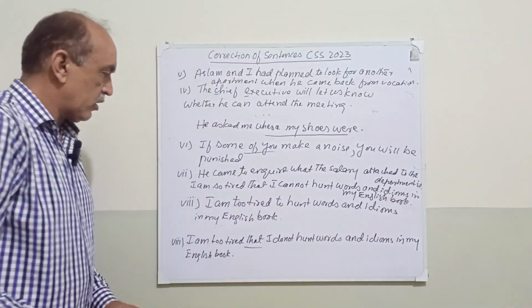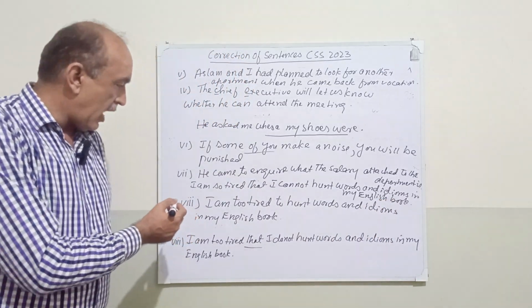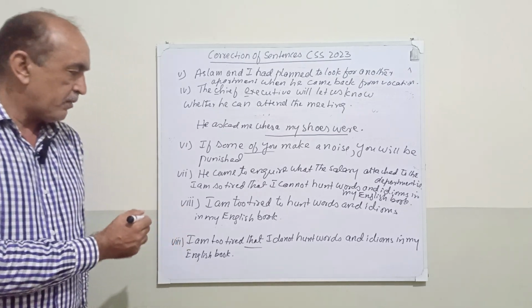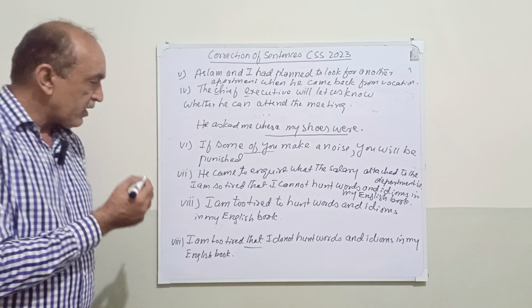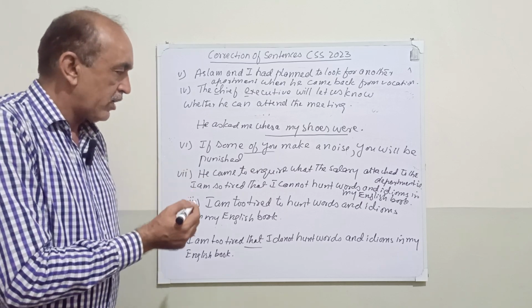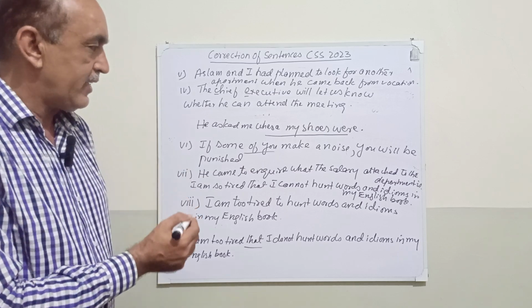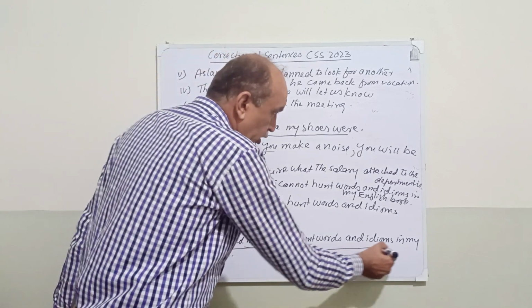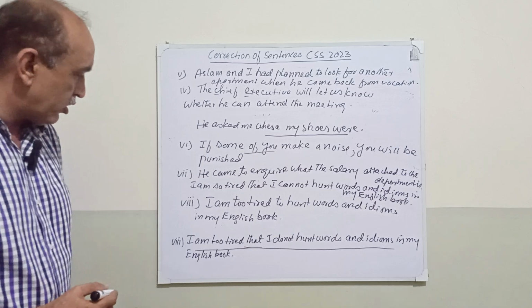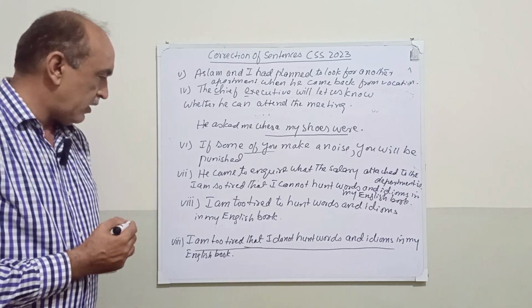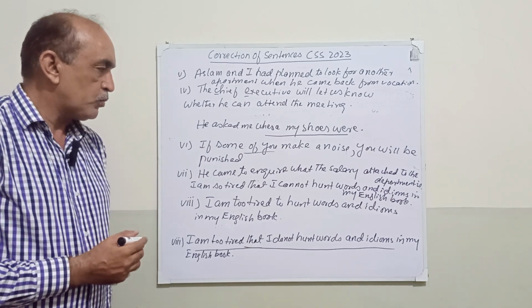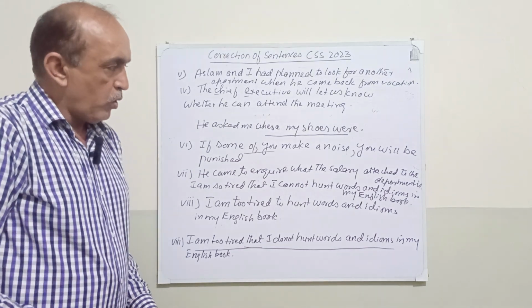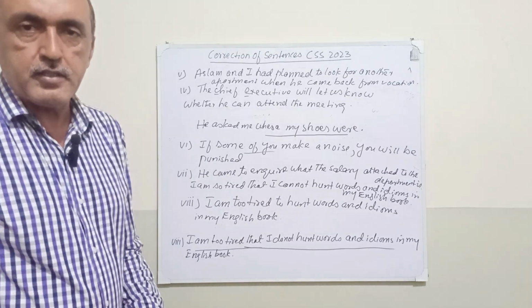The meaning of "I am too tired to hunt words and idioms in my English book" is that I am so tired that I cannot hunt words and idioms in my English book. Now, the earlier sentence is totally wrong. So this should be: I am too tired to hunt words and idioms in my English book. I hope you have understood this. Thank you.